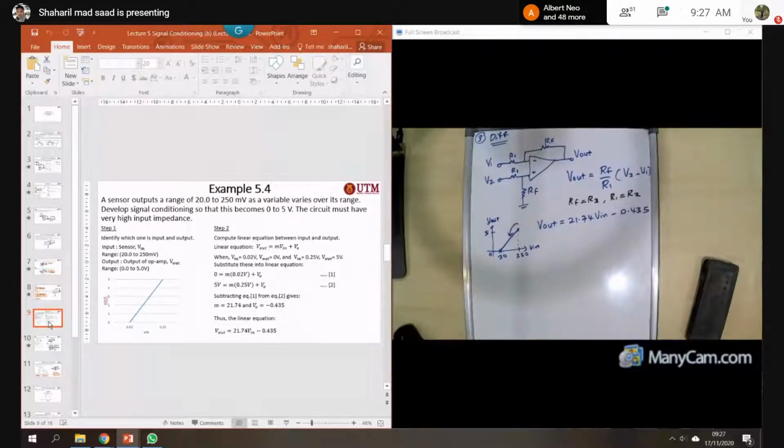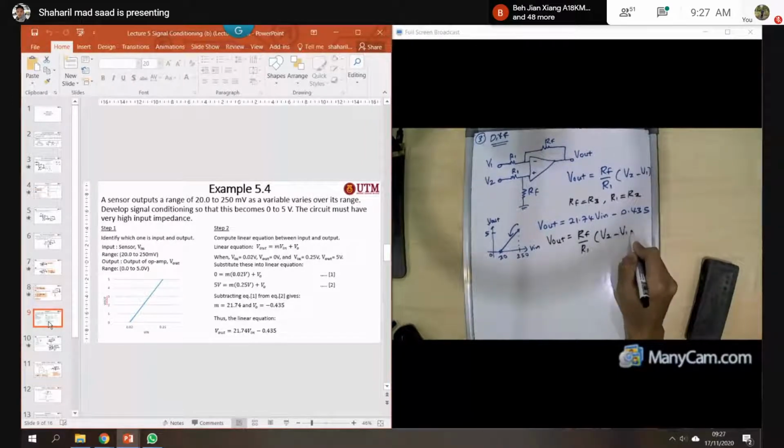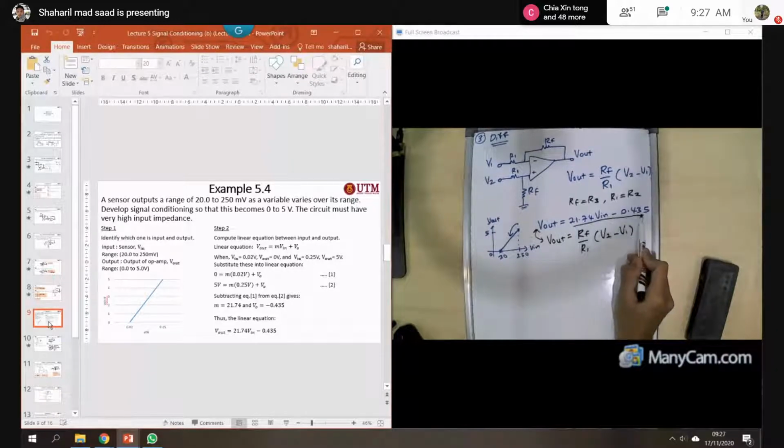Now this is what you got from the question. What you can do is compare it with this formula, V out equals RF over R1 times V2 minus V1. However, you need to factorize this one first.